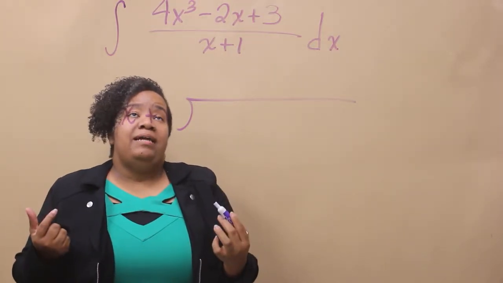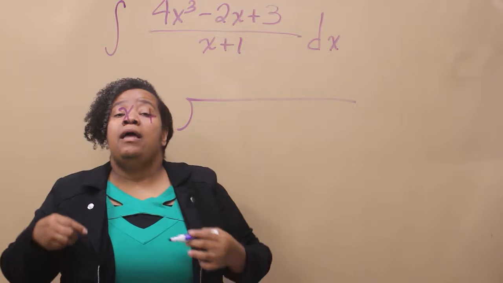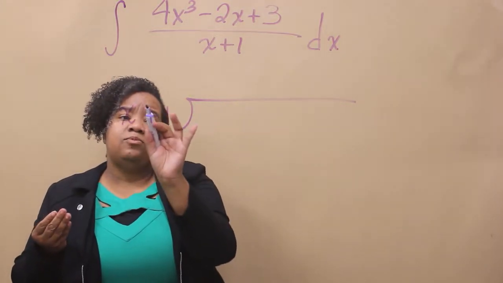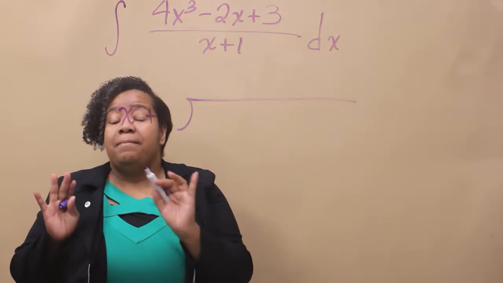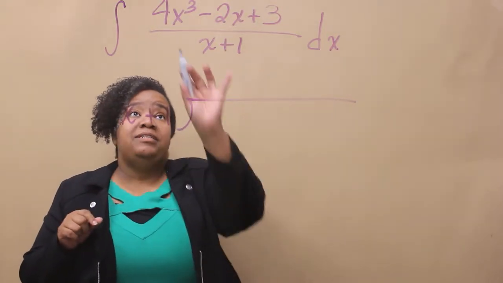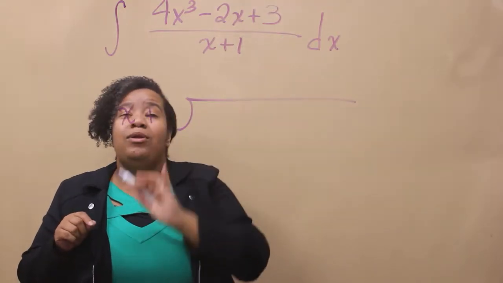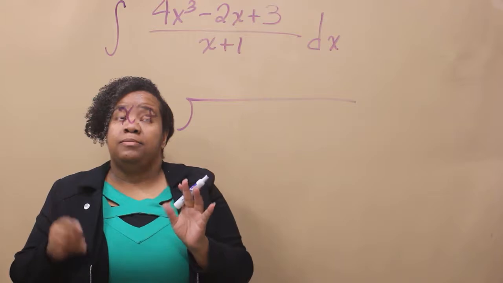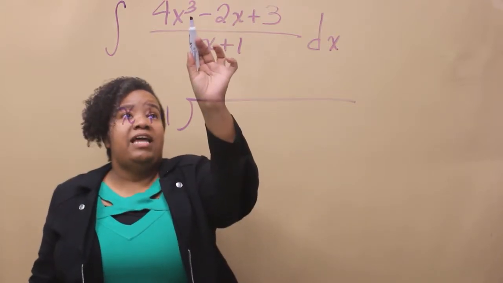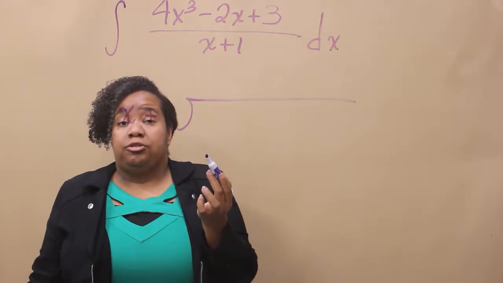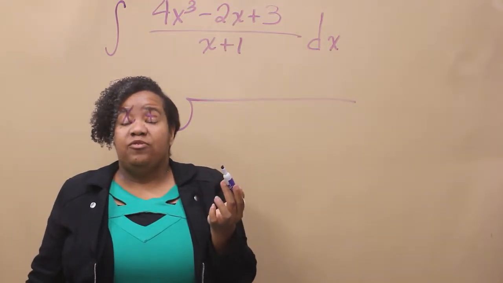Now, before I write my dividend, I want to take a look at the terms, same thing for the divisor as well, and make sure that my terms are in order of descending power. In particular, in this dividend, I want to make sure that I've left a place for any missing terms. I notice here that I have an x cubed term. I don't have any x squared terms, but I am going to leave a place for that.